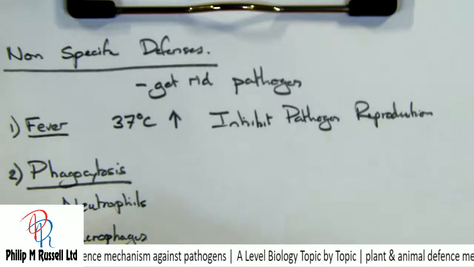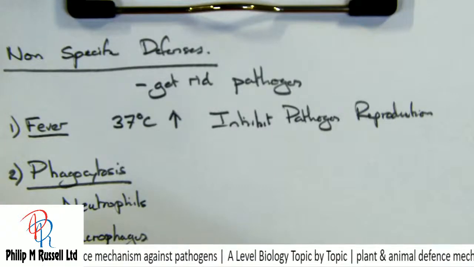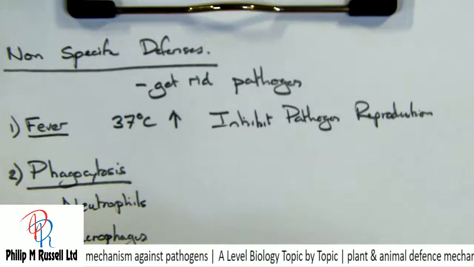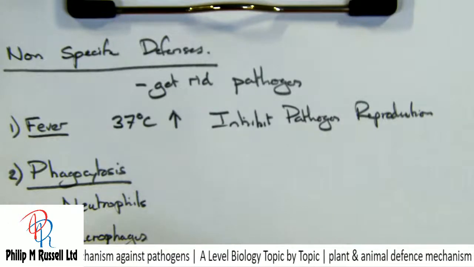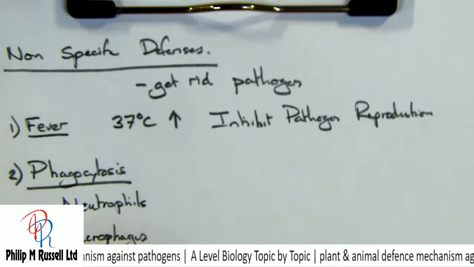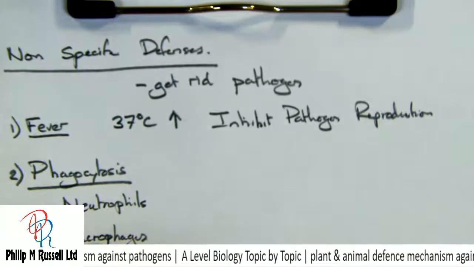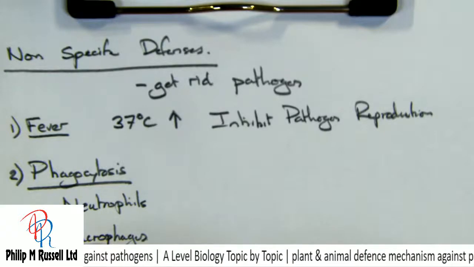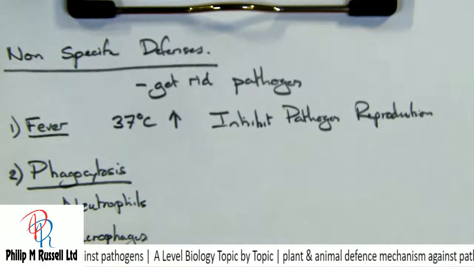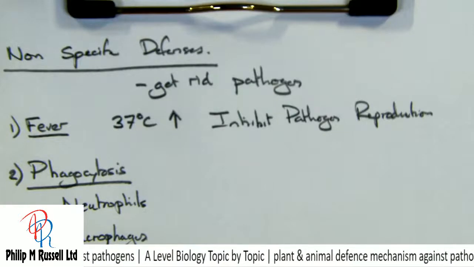Now, how are these going to work and kill off anything? Well, we need these cells at the site of an infection to attack the pathogens.